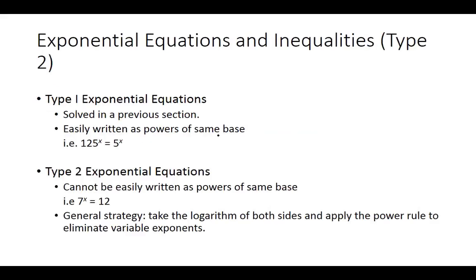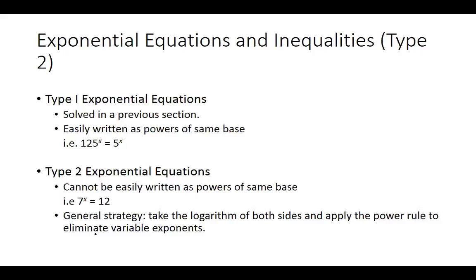Type 1 exponential equations were solved in previous sections, if you recall. We can easily solve this type of problem where we can make the base the same. We looked at some examples like 125 to the power of x equal to 5 to the power of x. Because I can make the base the same, I could easily solve for x.